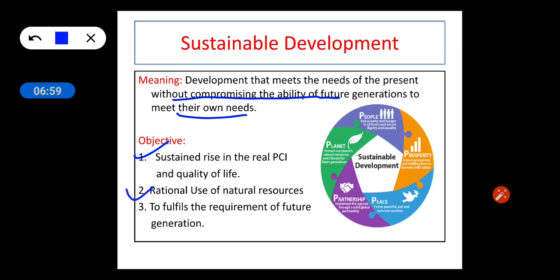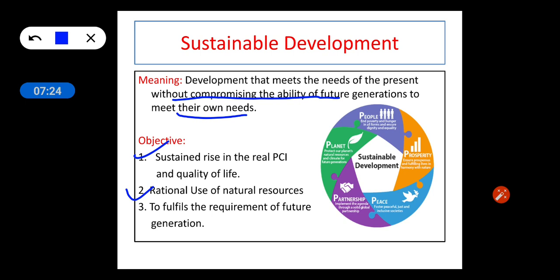Number two, we have rational use of natural resources. There are certain resources which are available in a fixed stock, right? Which are non-renewable in nature and cannot be replenished. So once depleted, they are gone. We cannot get them back.